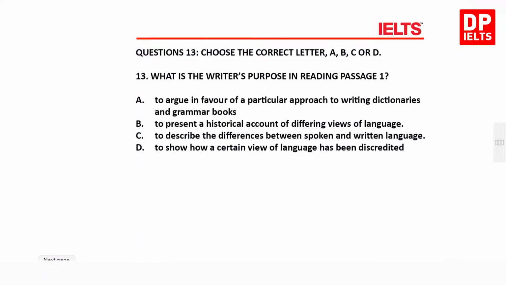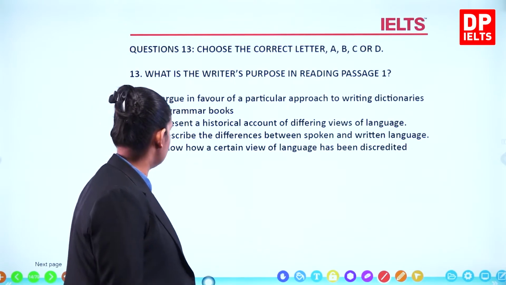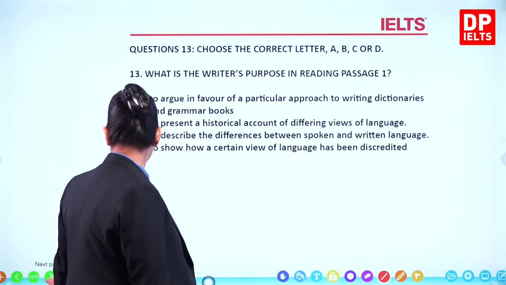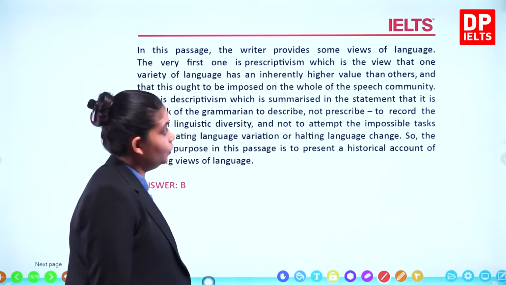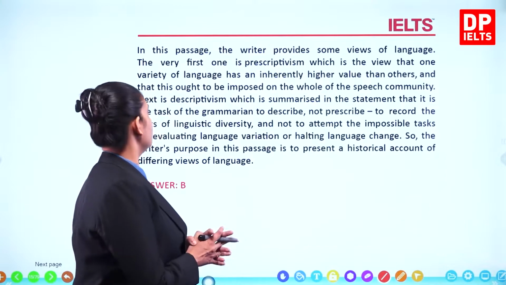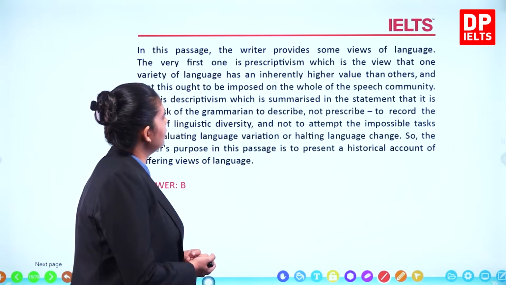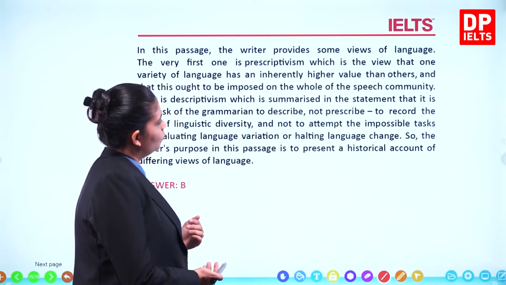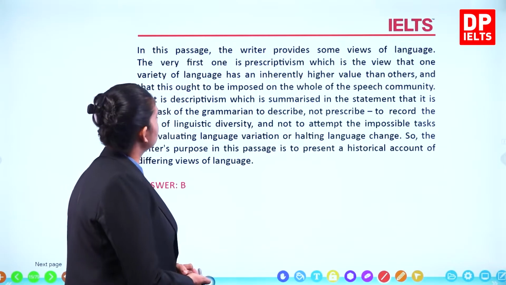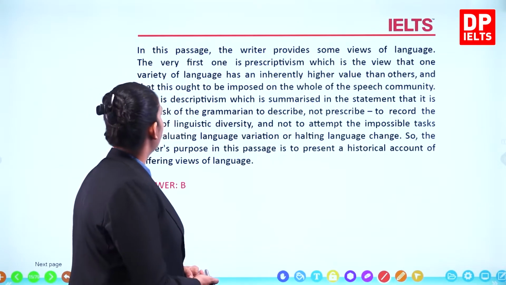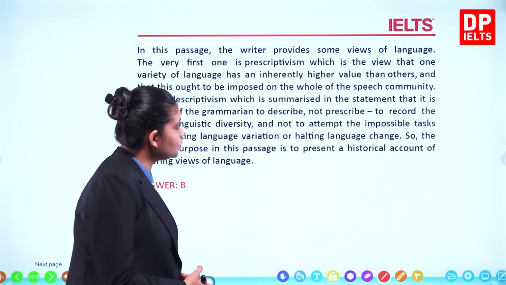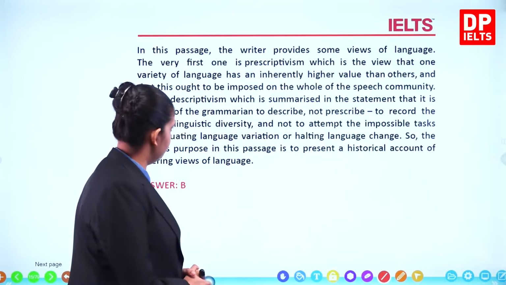13. Choose the correct letter A, B, C or D. What is the writer's purpose in reading passage 1? So here you have A, B, C and D. Let's have a look at passage 1. In this passage, if you read through, the writer provides some views of language. The very first one is about prescriptivism, which is the view that one variety of language has an inherently higher value than others, and out of this ought to be imposed on the whole of the speech community.